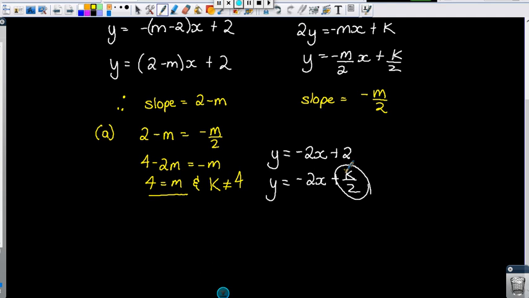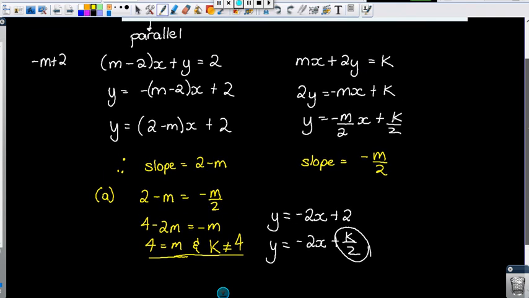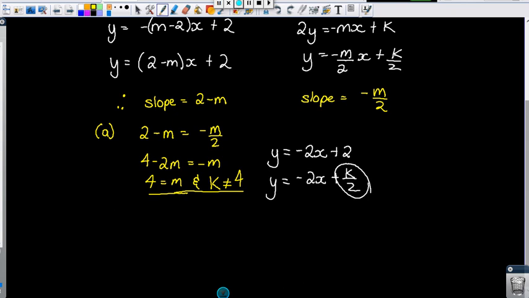That is the answer, the whole thing. If you just left it as m is 4, you haven't actually completed it. Okay? And if we go back up and we see, infinitely many solutions will be the same, m is 4, but k has to equal 4.